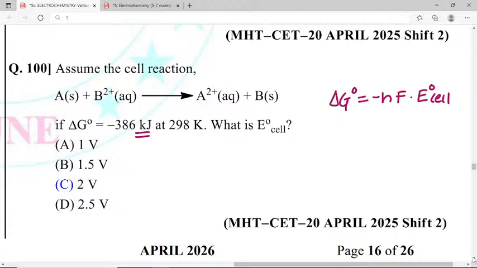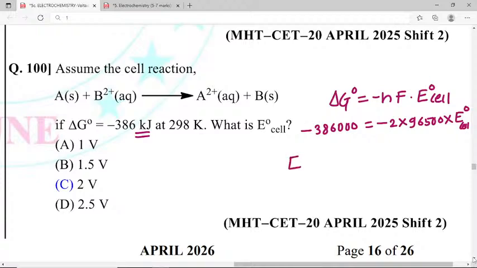So del G is equal to minus 386,000, and N is what? A gives A2 plus, so N is 2, multiplied by 96500 multiplied by E naught cell, which we have to calculate. So minus minus becomes plus.